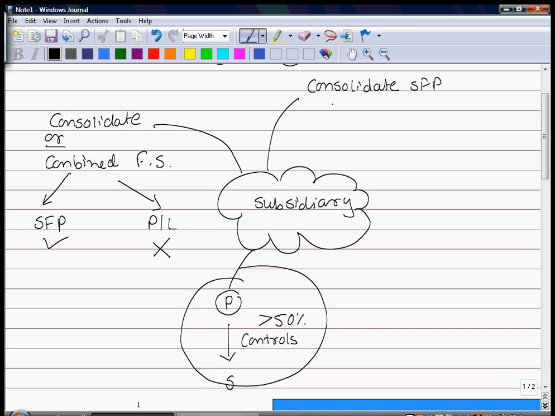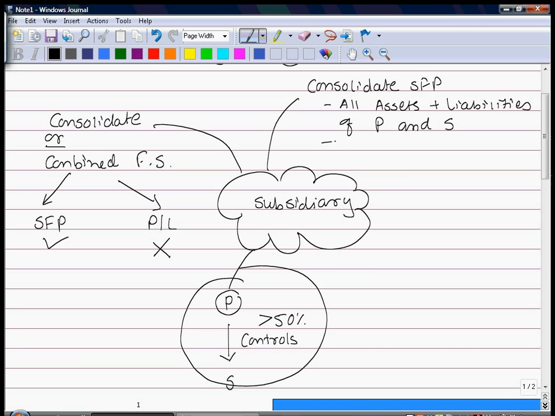So in the SFP, you will have all assets and liabilities of parent and subsidiary. Cross-cast, add up all the assets and liabilities. That's called basic consolidation. You will have to add up all the assets of parent and the subsidiary.